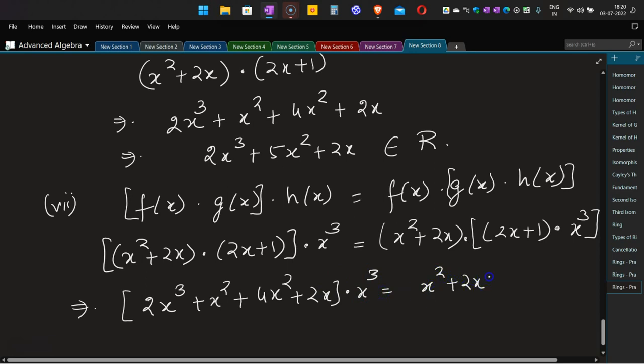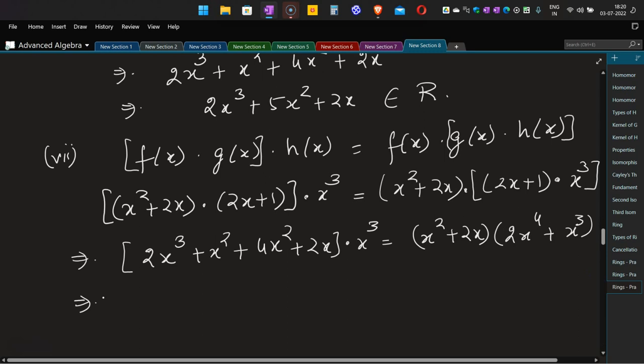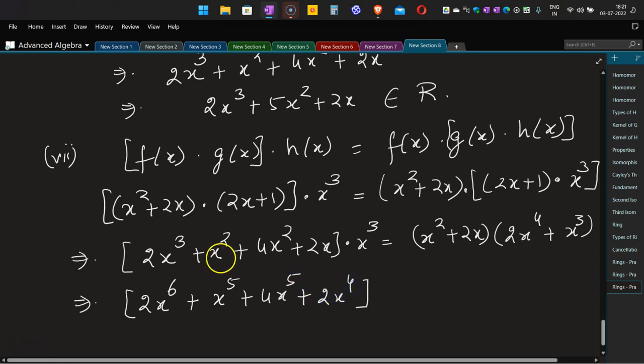is equal to x square plus 2x, and this would be 2x4 plus x cube, which implies this will be 2x6 plus x5 plus 4x5 plus 2x4. I should have added these two. Okay, no problem.